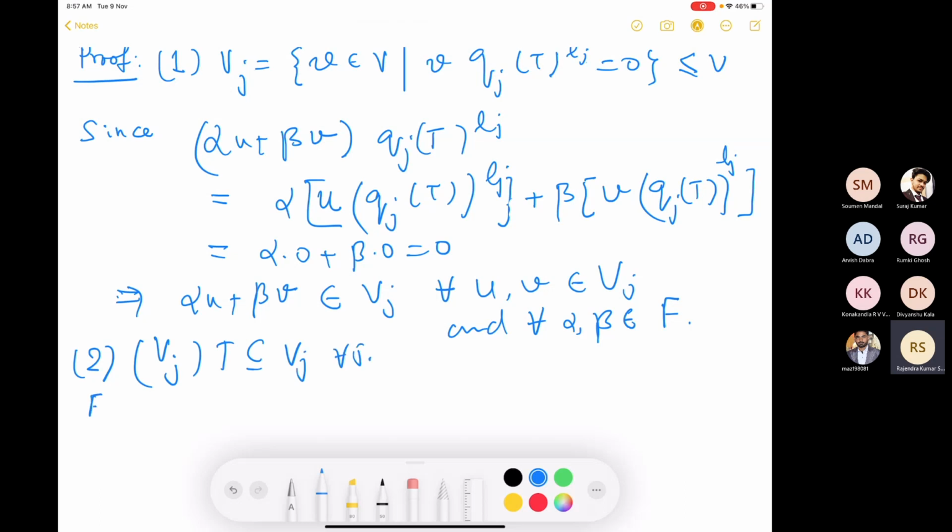And the second thing is also straightforward, that each Vj is T invariant. For this, suppose v belongs to Vj. Then v qj(T) power Lj will be 0.